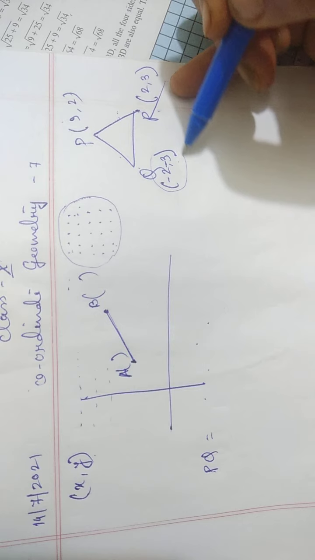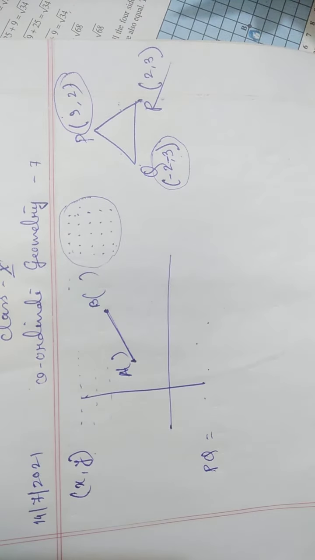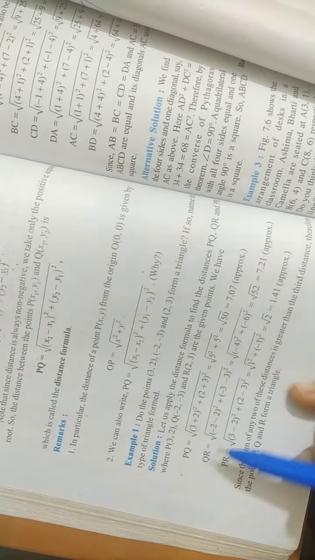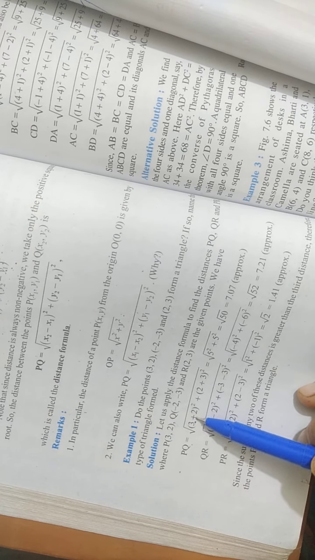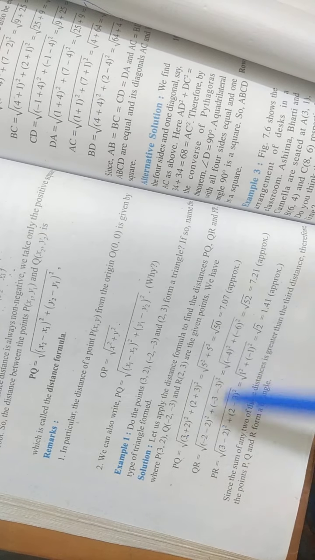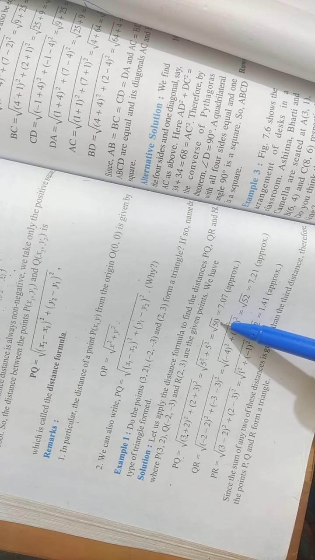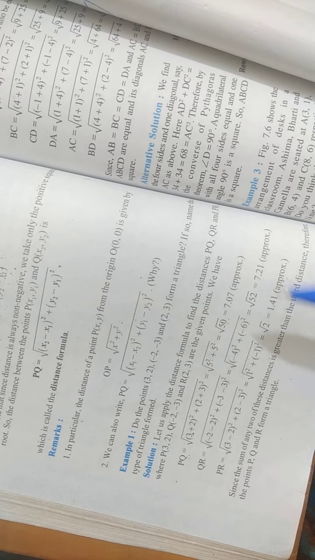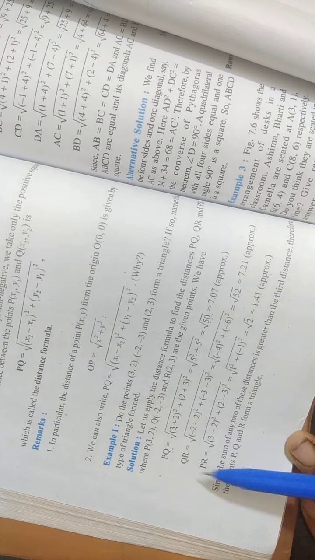Putting the values in the formula, PQ is root over x2 minus x1 and so on. After calculation, you find PQ is root over 50. No need to simplify further. Up to this is okay.